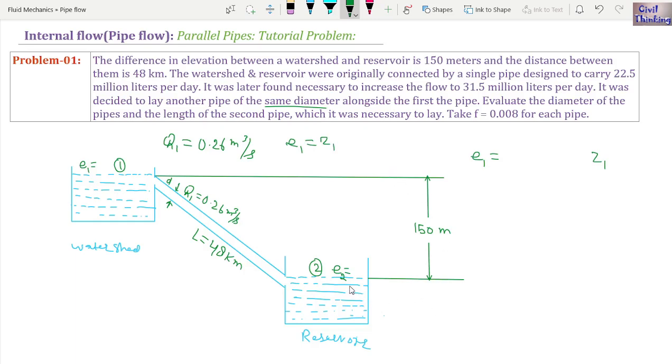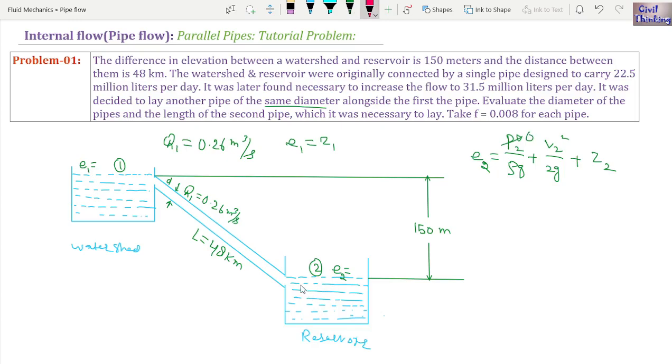Now let's find the energy per unit volume at level 2. Energy at 2 will be equal to P2 divided by rho g plus V2 square divided by 2g plus Z2. Again, this reservoir surface is open to atmosphere, so P2 is atmospheric pressure and the gauge pressure here is 0, so P2 is 0.